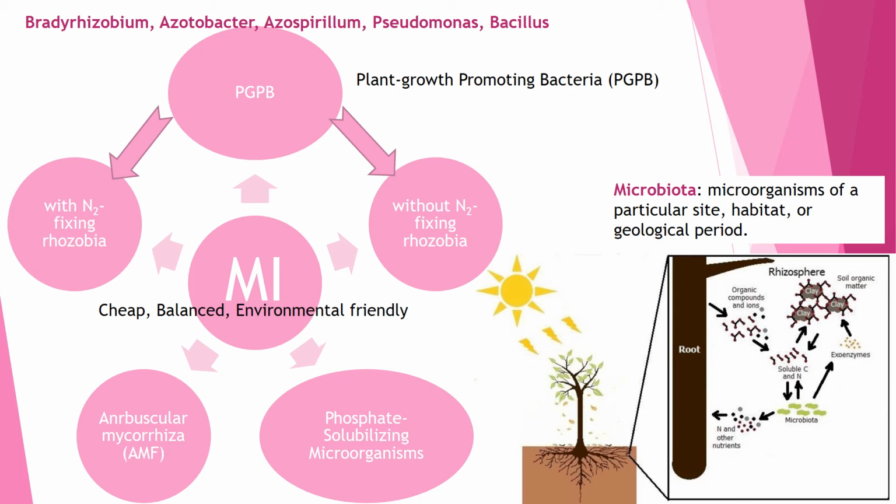Summarizing, these are the 5 major groups that you must be able to articulate. PGPB is one of these strains, called plant growth promoting bacteria. Some of these rhizobia are fixing nitrogen, some are not fixing nitrogen, but still they provide some plant promoting mechanism. AMF, I told you already, must have a certain globular colony structure.